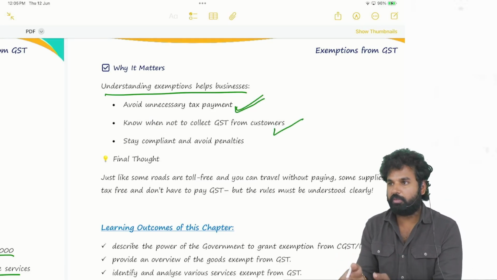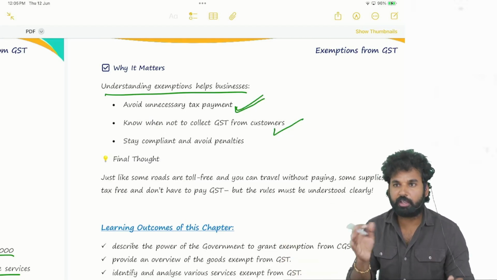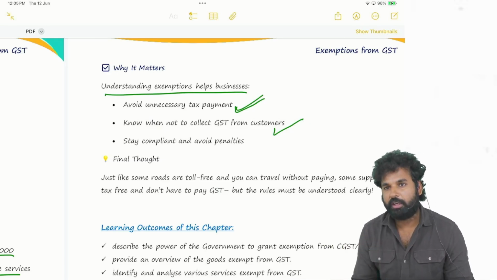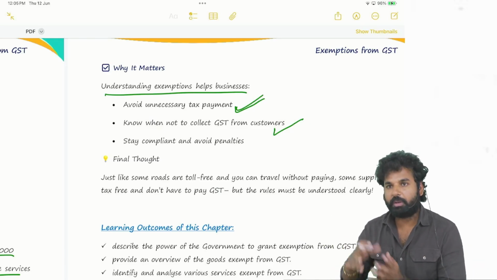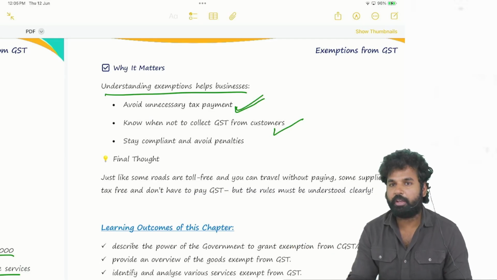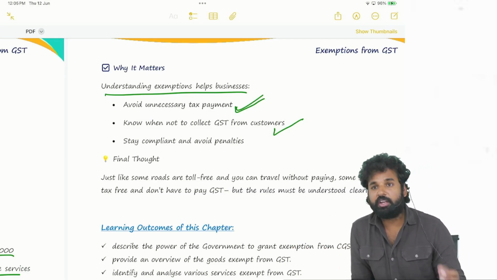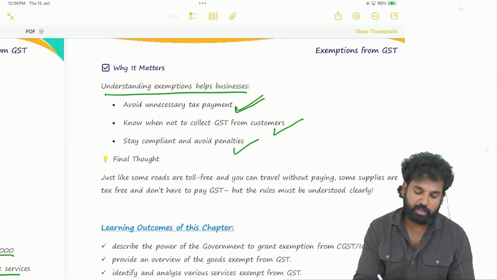If it is exempted from GST, you should not collect GST from your customer. If you are collecting it, it will be a disadvantage for you in two ways: you are collecting unnecessarily and paying unnecessarily. At the same time, a message will be sent to your customer that you are unnecessarily collecting taxes. He may be under the impression that you are collecting taxes for your own benefit, not for paying taxes. Likewise, stay compliant and avoid penalties.